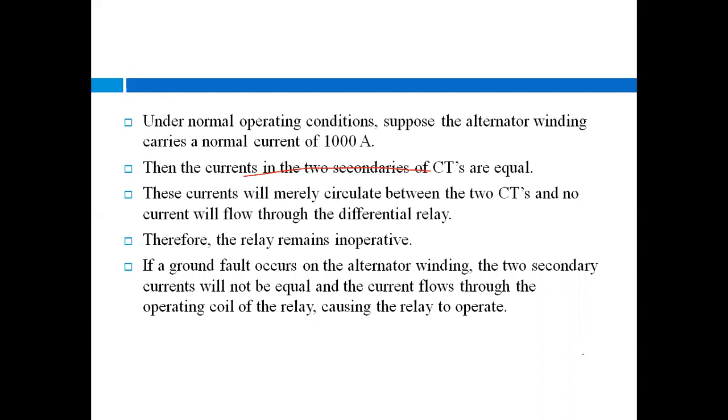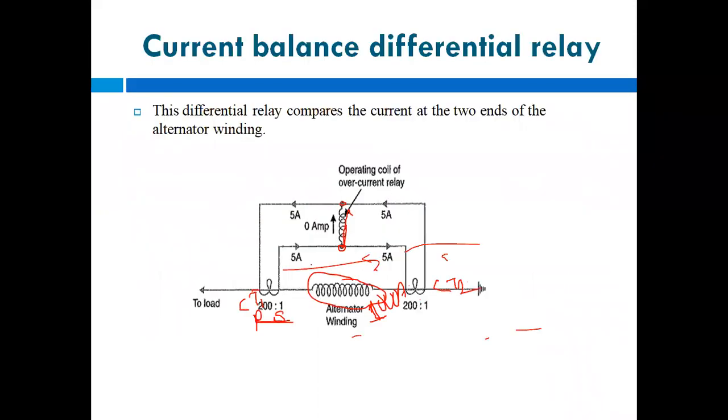But when any fault occurs, that may be a ground fault or any other type of fault in the system, in that winding, or in any equipment, then there will be a difference between these two currents, meaning the same current will not flow. Suppose incoming current is 5 ampere and outgoing is 5 ampere; this condition will not be there.